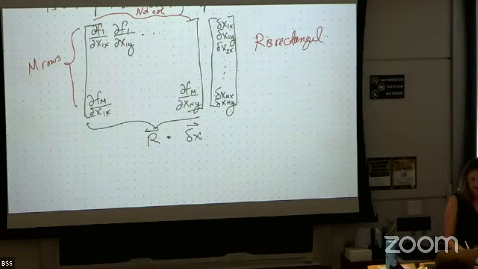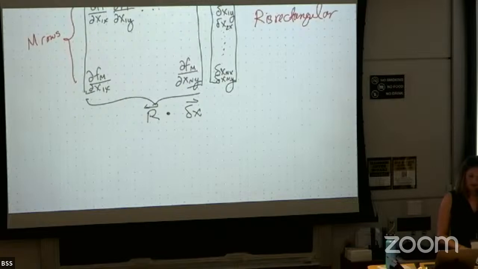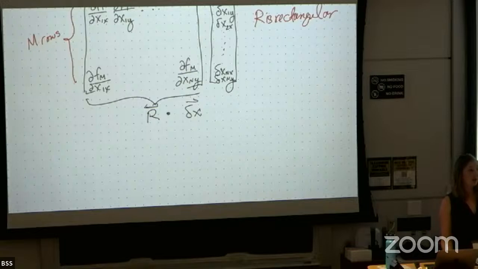Okay, and now we can answer our question. Our question is: are there any set of displacements that don't change any of the constraints? So the question is, is there a set of displacements dx for which this is 0?